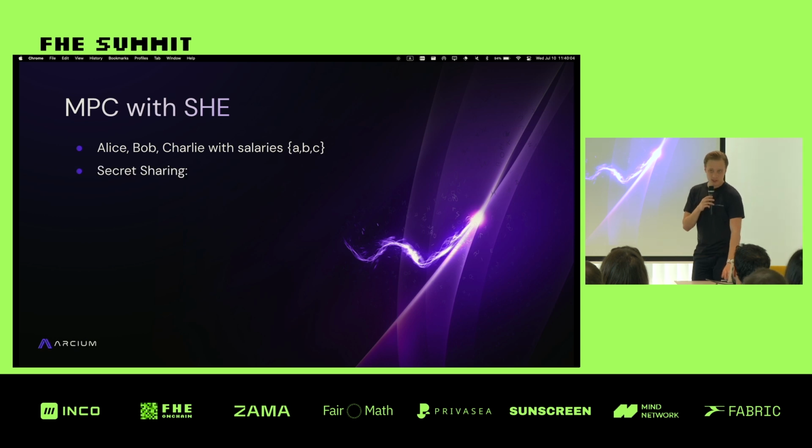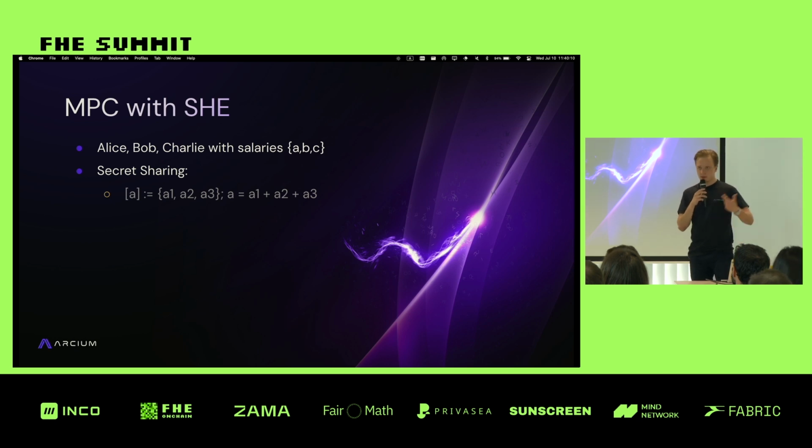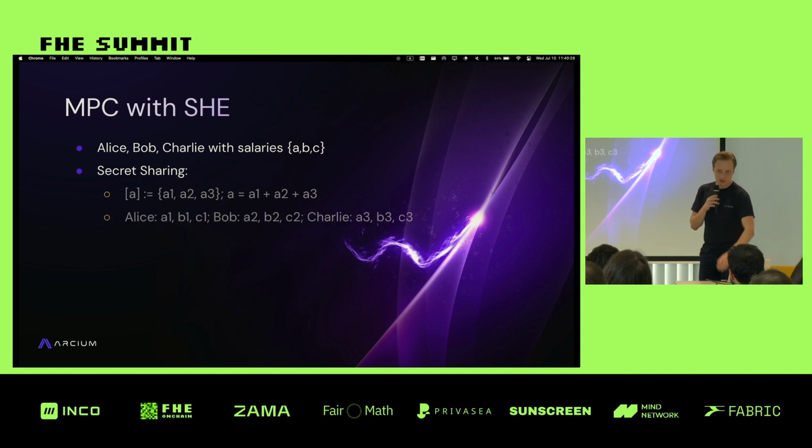And so they start off by performing the secret sharing, which means each of the salaries can be represented as, in this case, additive shares, with every single share essentially being a random value, not conveying any information about the salary itself. And so every player constructs those secret shares, and then they share them with each other.